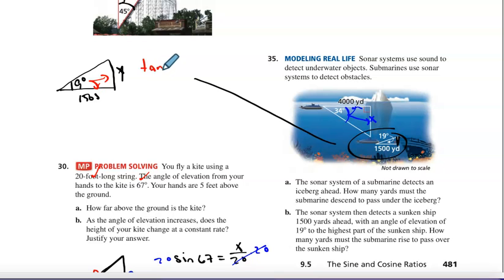The tangent of 19 is equal to the opposite over the adjacent. So y is equal to 1,500 times the tangent of 19. So the distance it must raise to not hit that boat is about 516.49 yards.